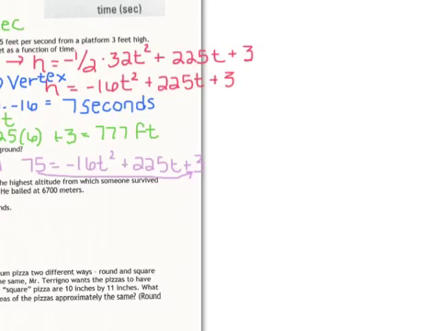Now, does that make sense for there to be two answers? Yes, it absolutely does. Because, whoops, it's not letting me move it to draw down here. But remember, this is a parabola that looks like this, okay? And I wanted to know at what times will I be 75 feet off the ground.